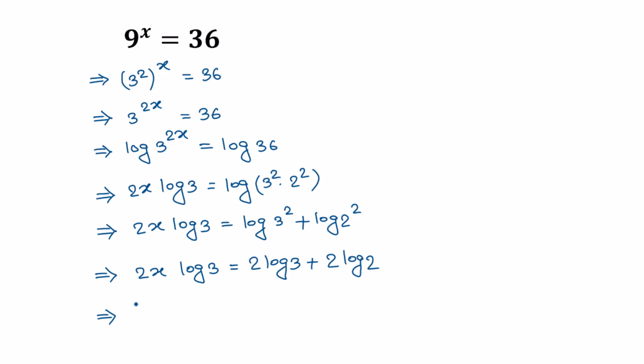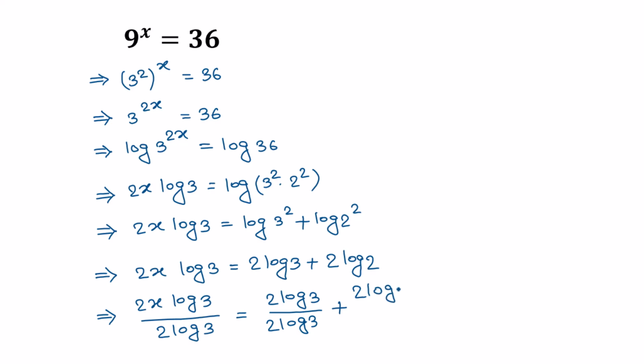Then the left side will be 2x log of 3 divided by 2 log of 3, which is equal to the term 2 log of 3 divided by 2 log of 3, plus 2 times log of 2 divided by 2 times log of 3.